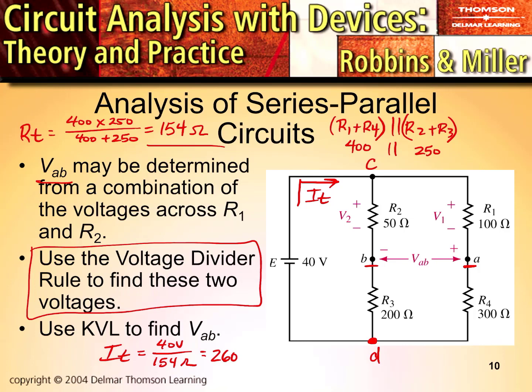We'll go 260 milliamps. I'm doing some rounding off here to speed up the presentation. 260 milliamps is our current entering. That means we've got current exiting here and exiting here.